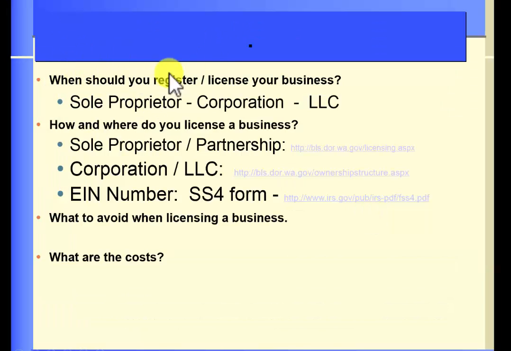When should you register for a business license? Well, you think, I'd want to do that when I want to get into business. Well, in fact, there are some practical reasons to register for a business now rather than later. If you're an individual and you want to qualify for a home mortgage down the road, the lender is going to require that you be self-employed for 2 years before they're going to accept any of the revenue and income from that business.